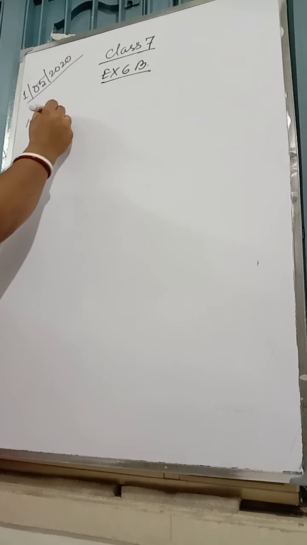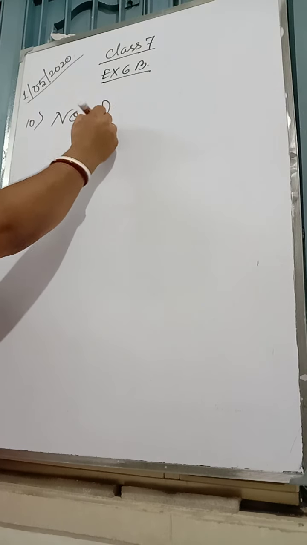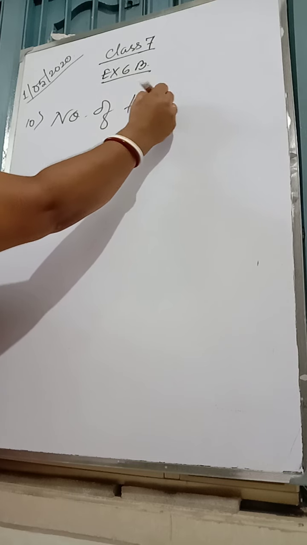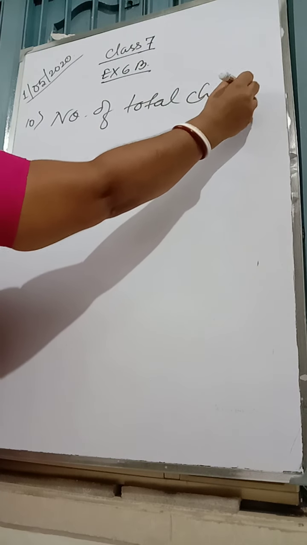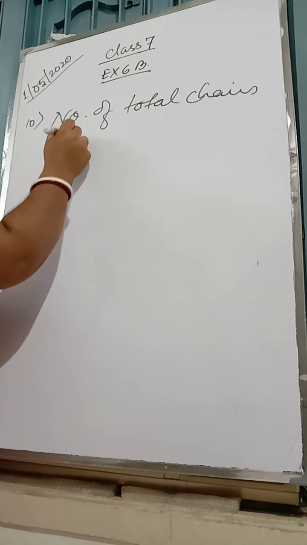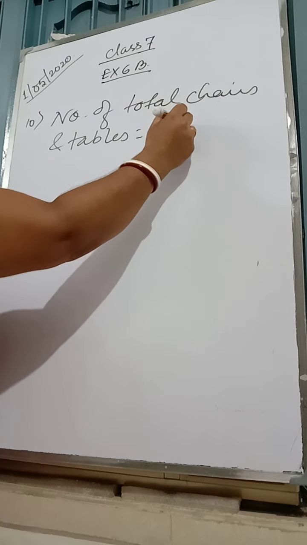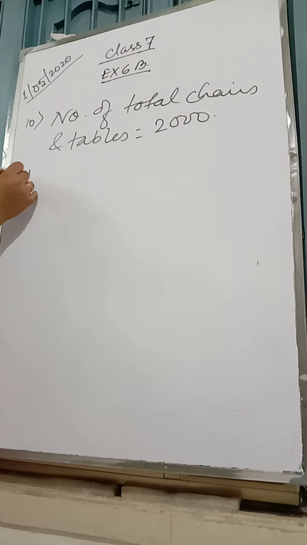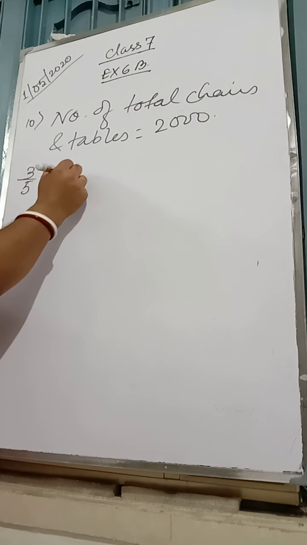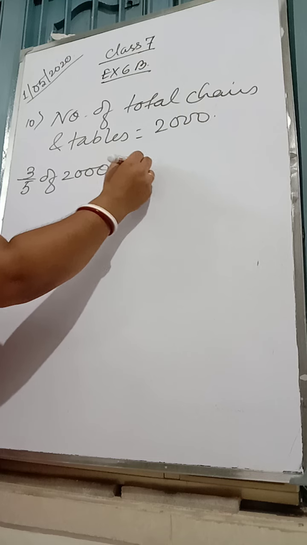See, question number 10. Number of total chairs and tables is equal to 2000. Chairs are 3 by 5 of 2000.